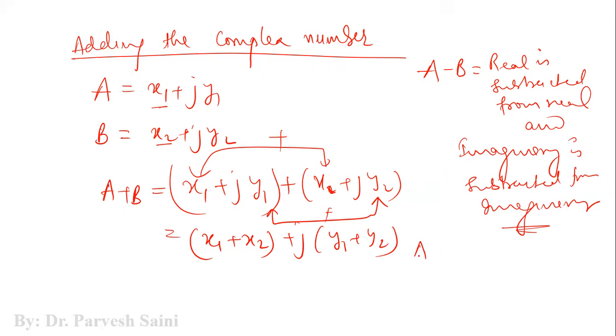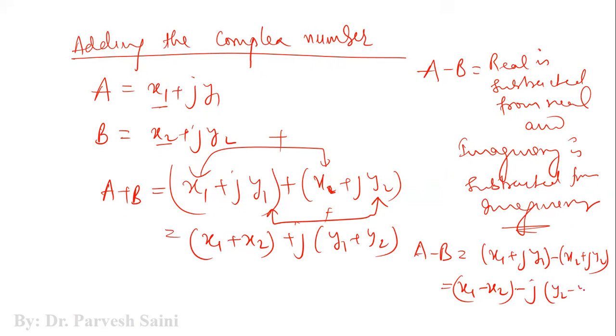So A minus B is equal to x1 plus jy1 minus x2 plus jy2, which is x1 minus x2, and then j times y1 minus y2. This is how we can represent the subtraction. This concept will be used in AC systems, which is why it becomes important to understand the polar representation.